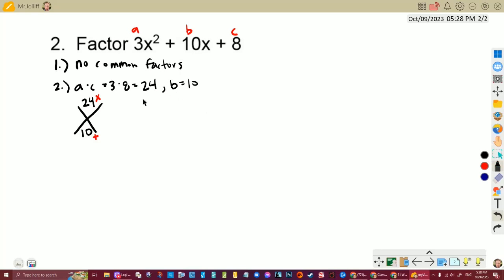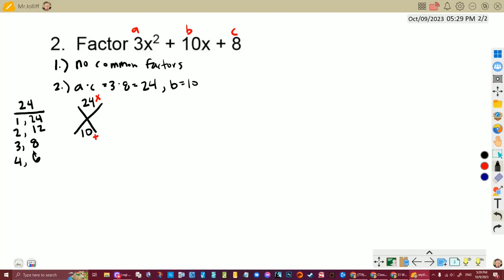So 24 has lots of pairs. So off to the side, let's look at 24. We have 1 and 24, divisible by 2, that's 2 and 12. It's divisible by 3, 24 divided by 3 is 8. And then it's divisible by 4, and we get 6. It's not divisible by 5, I can tell because it doesn't end in a 0 or 5.